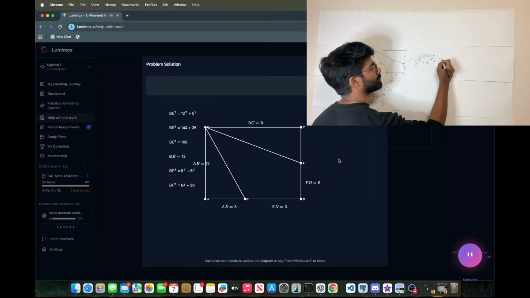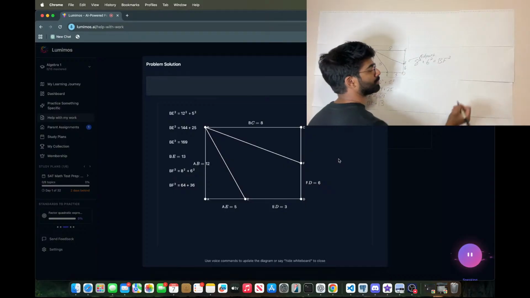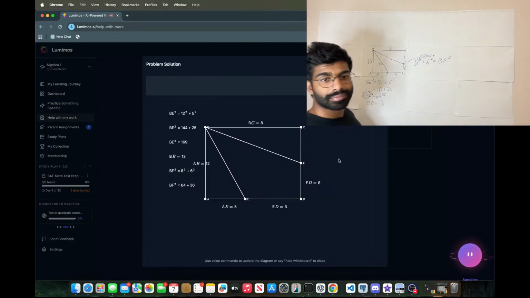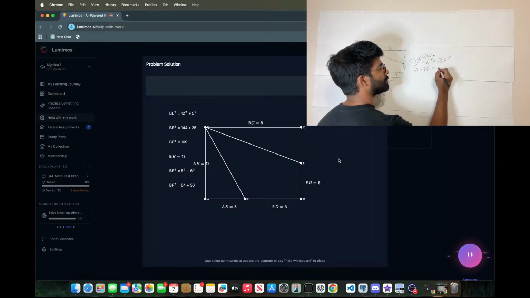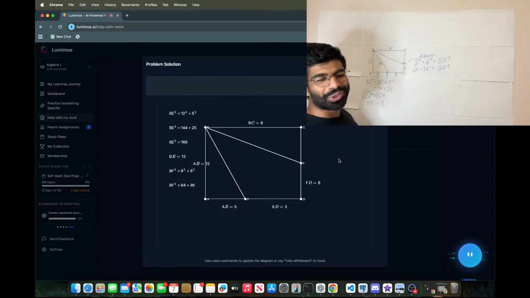Perfect. You're using triangle BCF with legs BC equals 8 and CF equals 6. So 64 plus 36, what's BF squared? Oh, wait, BF squared is 100, so then BF is 10.